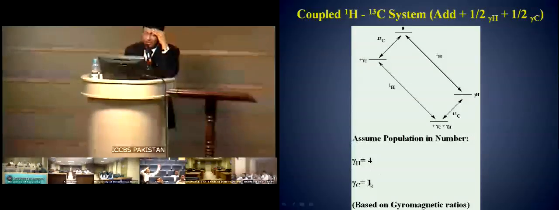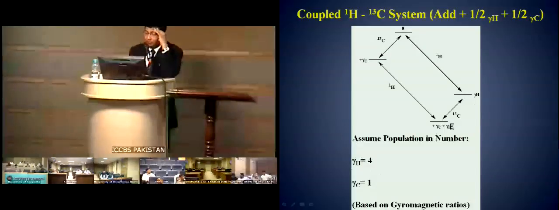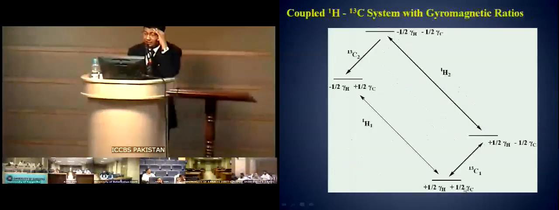Carbon 4 and 1, and I said that okay, this is plus, this is plus, this is plus, this is 0, this is plus. How many of you agree with me that this would be the situation when you would have it like this?